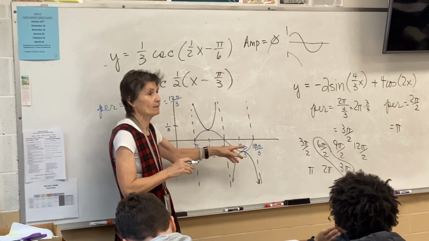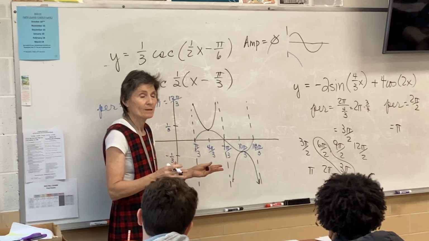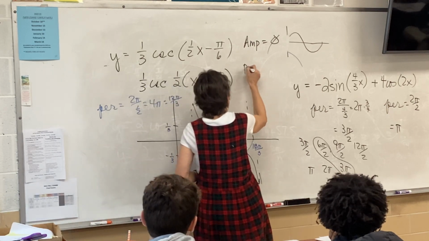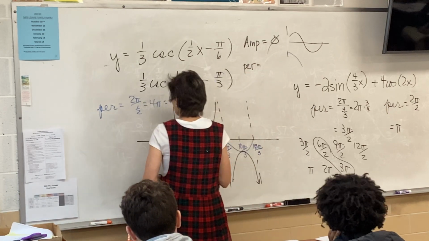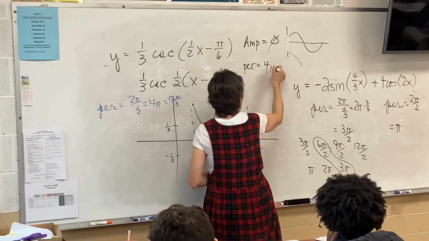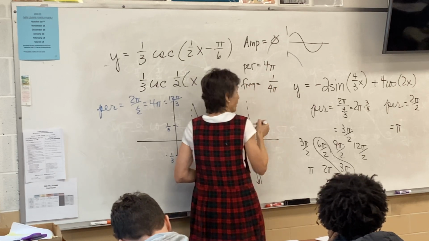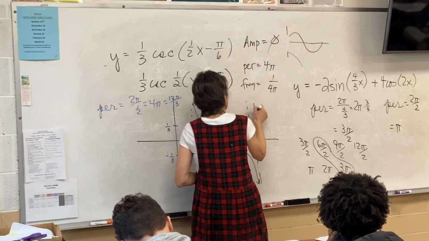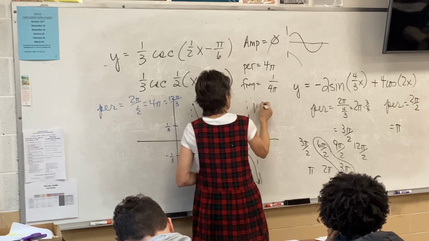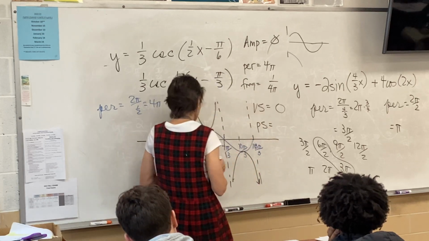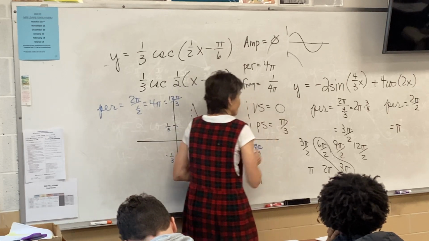The 1/3 is still a component of the graph, but it is not the amplitude of the curve. We already figured the period. The period was 4 pi, which means the frequency is 1 over 4 pi. Our vertical shift, we said we didn't have one, but our phase shift was pi over 3.